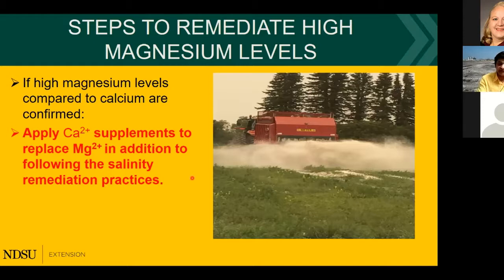Well, magnesium, it's established that in shrinking and expanding soils, it could cause swelling, not dispersion, not breakdown of soil aggregate, swelling of the soil. Result is shrunk pore space and slow soil water infiltration. So same thing, we will apply the amendments, incorporate, and then calcium will displace magnesium.